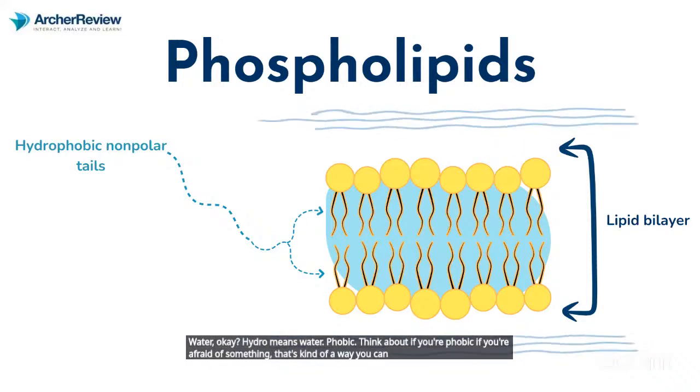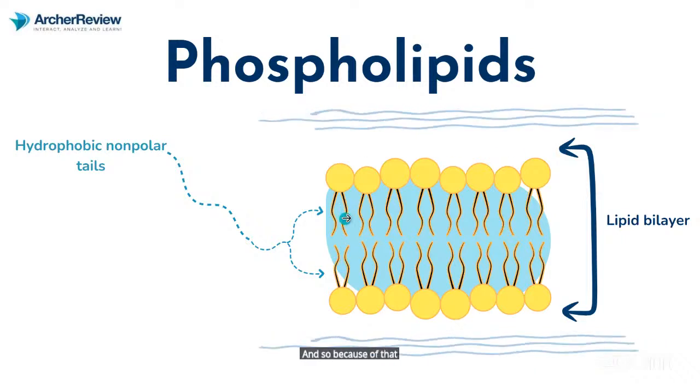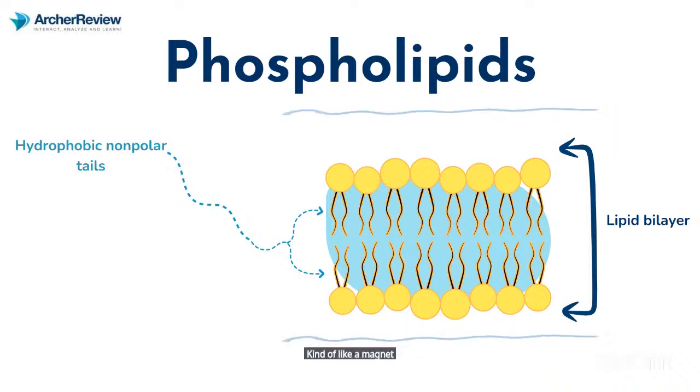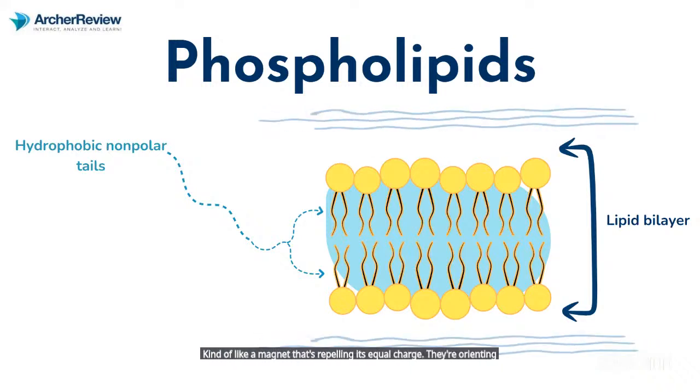So you can say that these nonpolar tails are afraid of water. And so because of that, these nonpolar tails orient away from the water, kind of like a magnet that's repelling its equal charge. They don't want to be anywhere near that water.